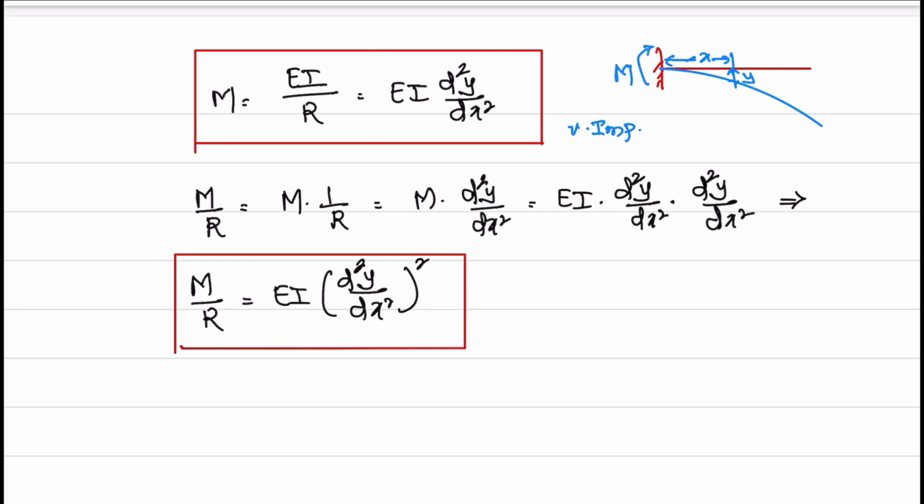Question will be, what is the value of ratio of bending moment to the radius of curvature? Then that will be EI into d square y by dx square whole square. Question has come, now answer is also ready with you. This is the answer.